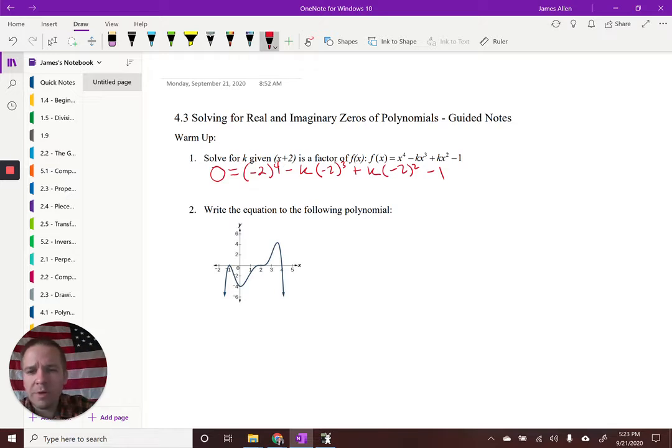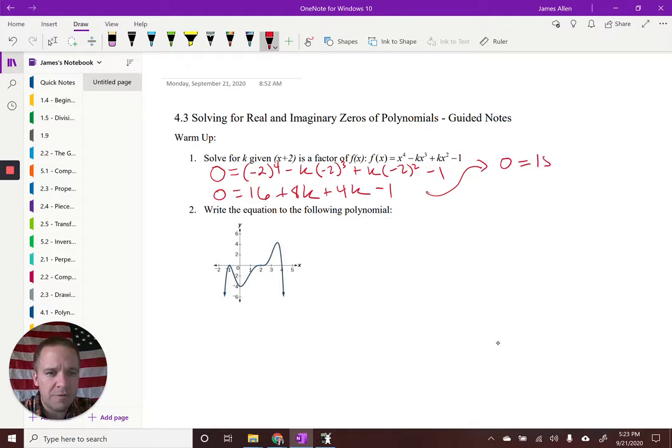All right, we can do a little algebra here. We got 16 here. This is going to be a negative 8, but then it's positive 8k because of the subtraction right before that. Then I have negative 2 squared, which is positive 4k minus 1. So I'm going to combine some like terms, and I'm going to have 0 equals 15 plus 12k.